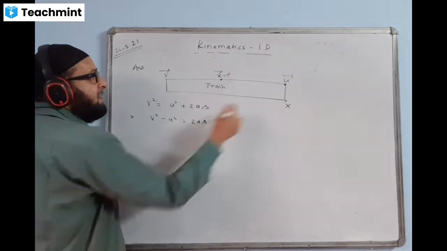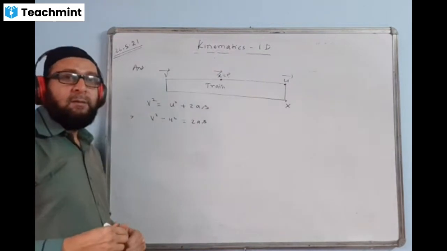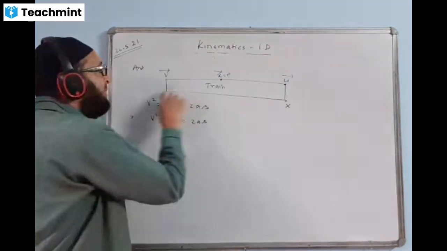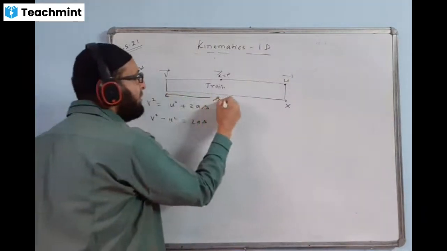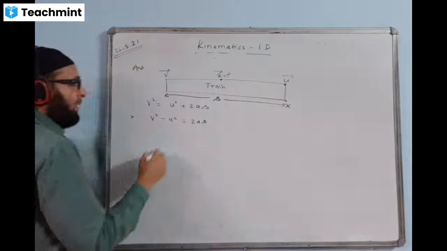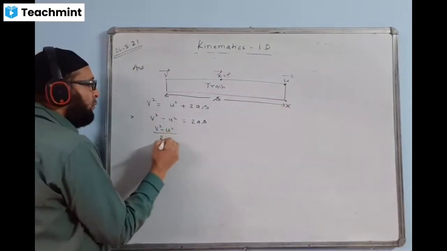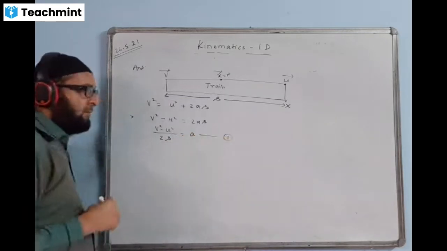What is S? S is the total distance covered by the train, which is the length of the entire train. I've taken S. Make a the subject of the formula. You get a equals v square minus u square by 2s. Equation 1.